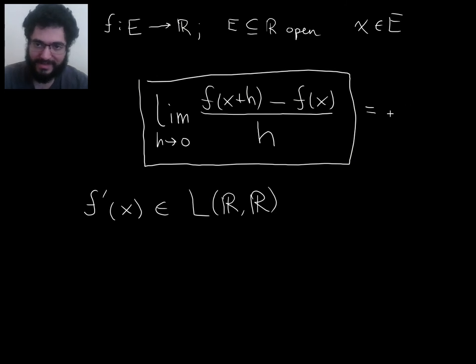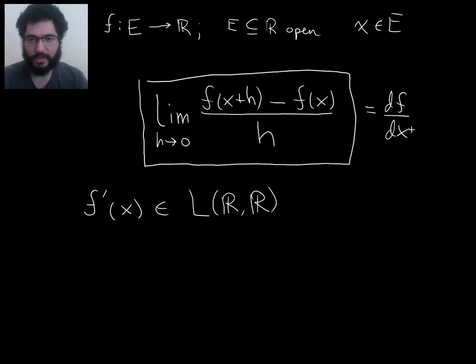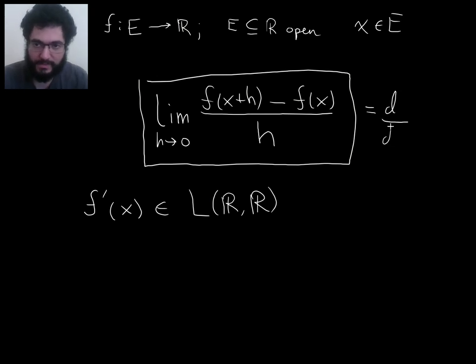Okay, so one approach is to just say this, but I think this lacks the exact level of precision we might need sometimes because it's not clear whether what we're getting is a function of x or a number. This looks like it should really be a function of x. So actually what I'm going to do instead is maybe something like this.